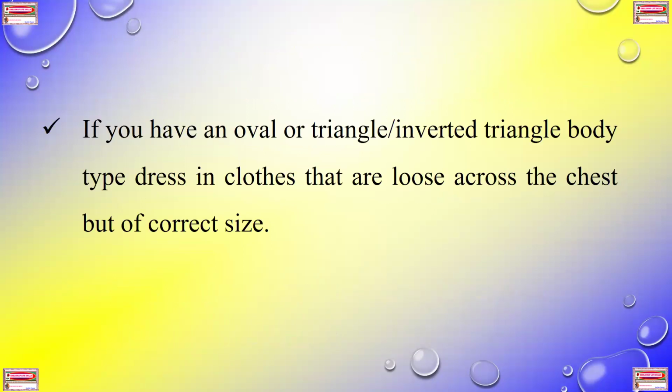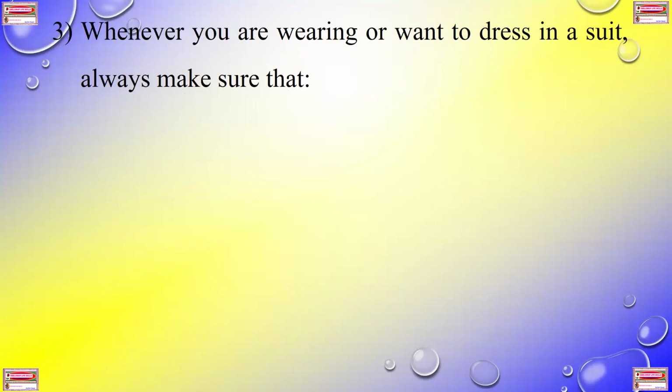The other type is called the oval or triangle, or inverted triangle body type. If you have an oval or inverted triangle body type, dress in clothes that are loose across the chest, but of correct size.